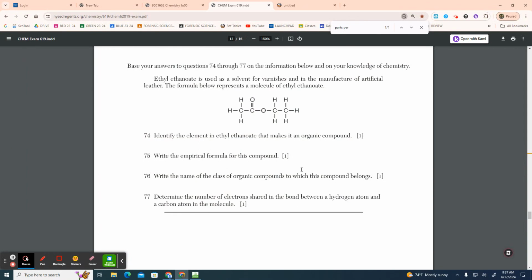Write the name of the class of organic compounds to which this compound belongs. Ester. It's an ester. Determine the number of electrons shared in the bond between the hydrogen and a carbon in this molecule. How many electrons are shared here between the carbon and the hydrogen? 2.